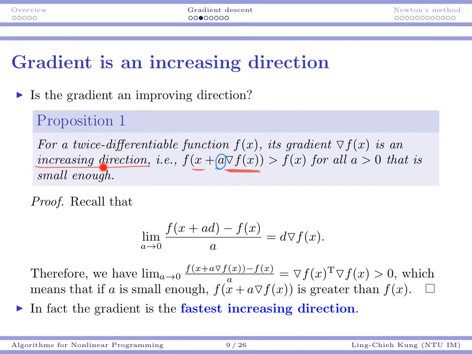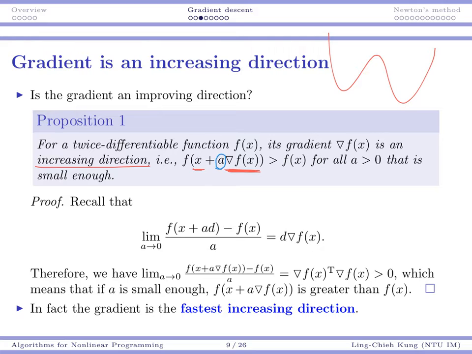Increasing direction is saying that if I move along the gradient, then as long as a is small enough, I will get a value larger than f of x. So that means if I move along the gradient, I am guaranteed to increase the function value as long as I do not move too far. So what does that mean? Suppose I have a function like this.